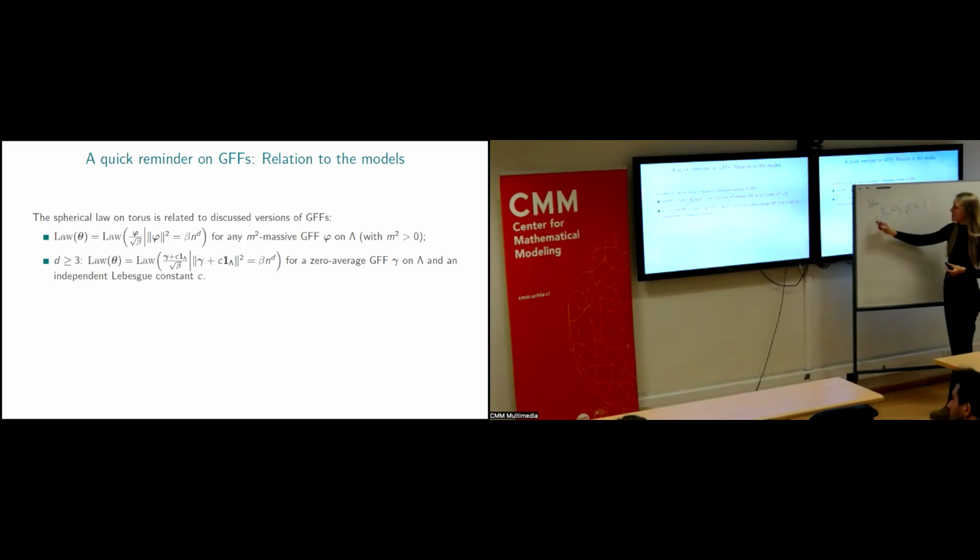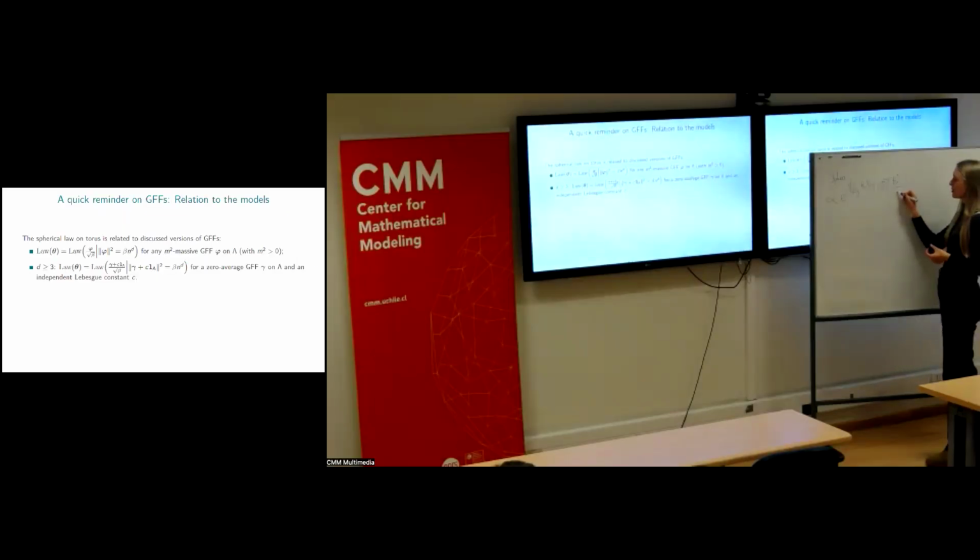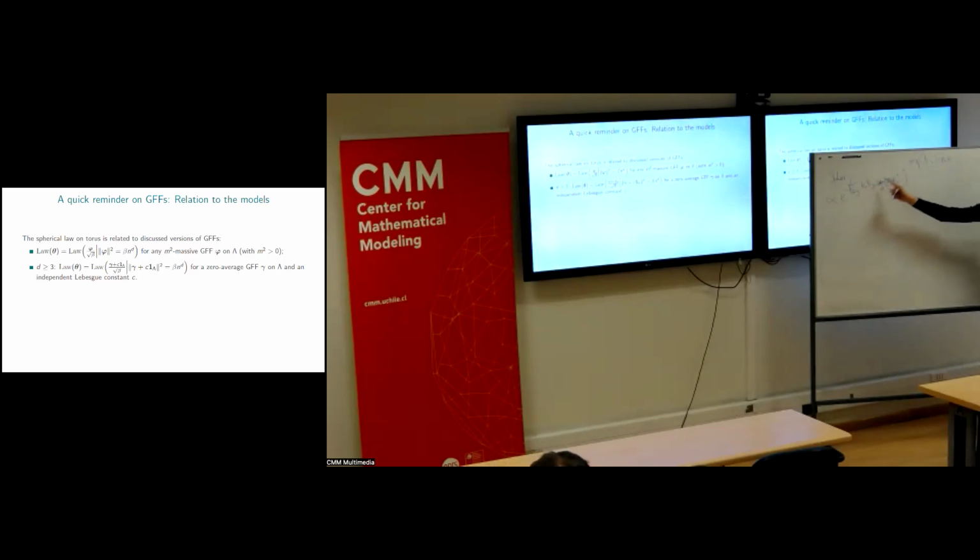Note that this is still proportional to that, because we assume that this is just equal to lambda, so it's fixed. This can now be rewritten in terms of theta, with minus beta half still there, and here we get minus theta plus, sorry, I need to add 2d plus m squared. 2d is to get the Laplacian and m squared to get the mass.